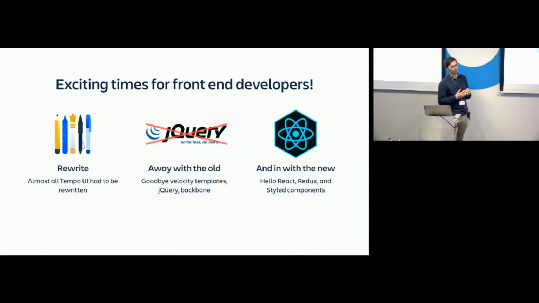But for a front-end developer, this was really exciting because we could finally throw away all of this old technology that we didn't want to use anymore. So no more jQuery, no more Backbone, no more velocity templates or something like that. And instead, we could implement our products in the technology which we loved, which was React. So this felt like Christmas in a sense.